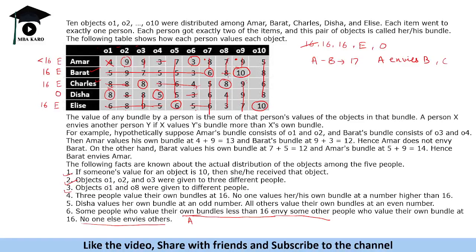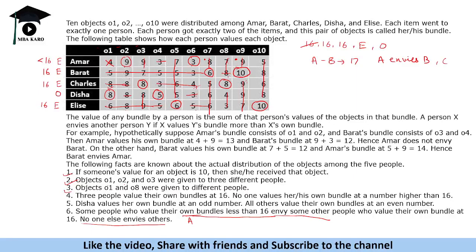Alice is giving 13 points, and now in this case, Alice is not envying these people, right? So we saw that this condition is fulfilled. We get these objects given to these people.